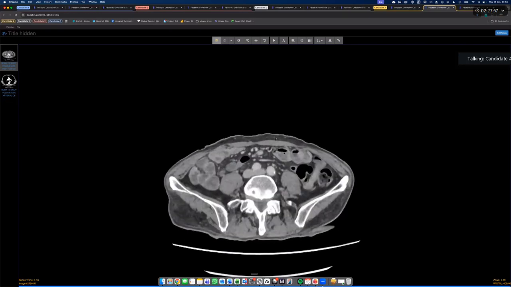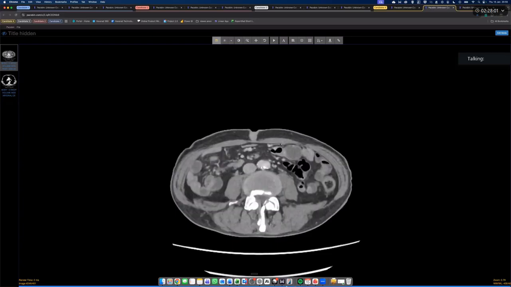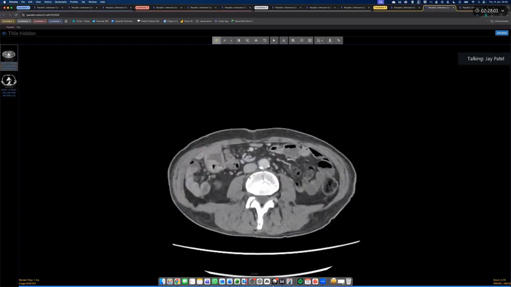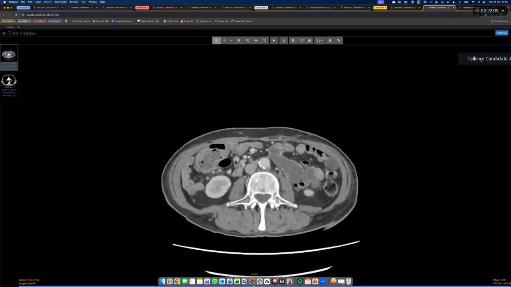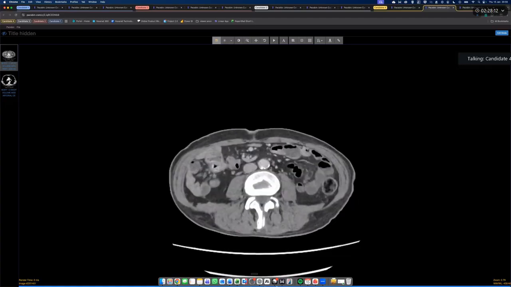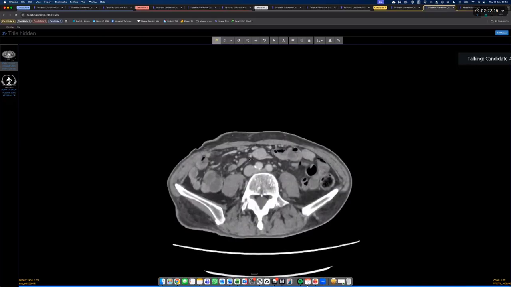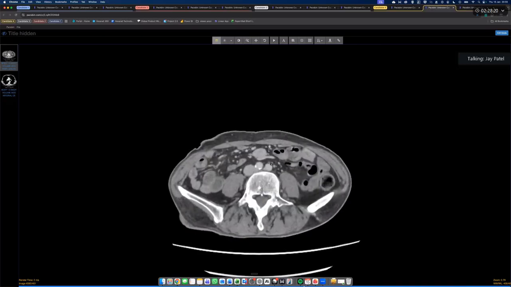So this appears to be within the mesentery. What's your differential for this appearance? So it is an enhancing lesion within the mesentery, though I could not find any significant adjacent fat stranding. Sorry, I meant what's your differential for this whole case? Summarize the case for me.